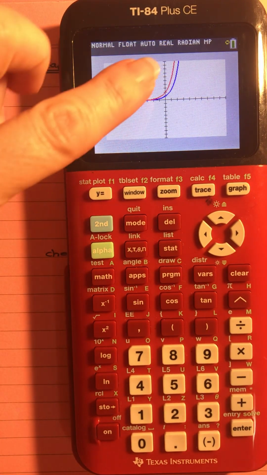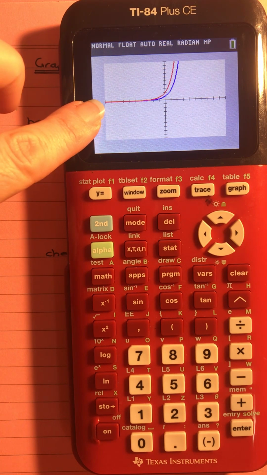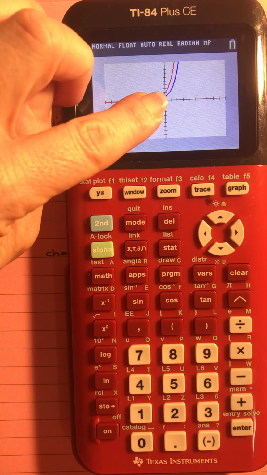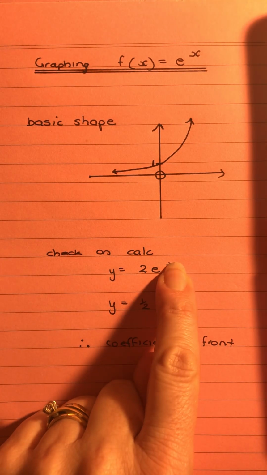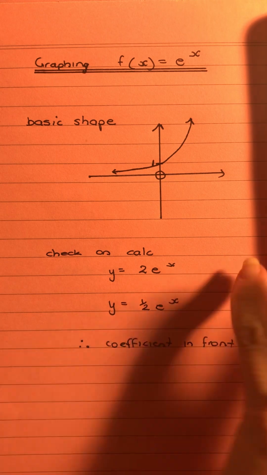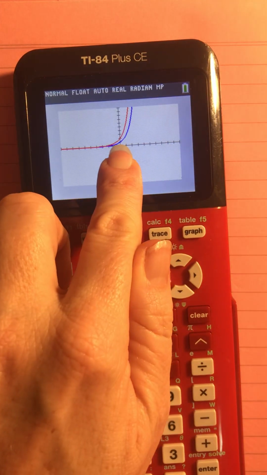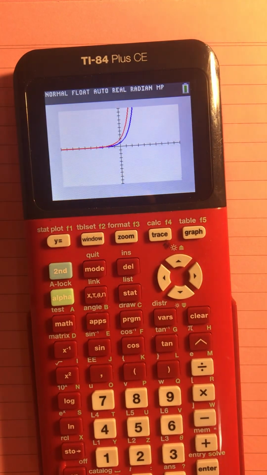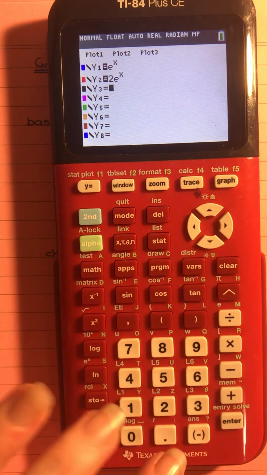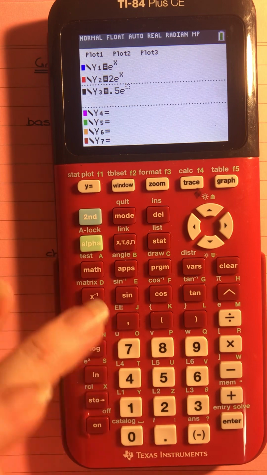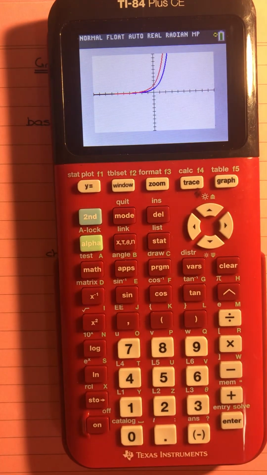So you can see as we have graphed that it's now cutting at 2. That makes sense, because if you do e to the power of 0, you get 1, and 2 lots of 1 is 2. So we can see that the y-intercept has become 2 and it's a bit steeper there. So that is changing our shape in that form. If we put a half in front, we can see, and we would expect, that it's going to cut lower and then go up.